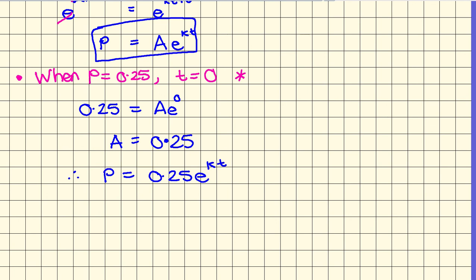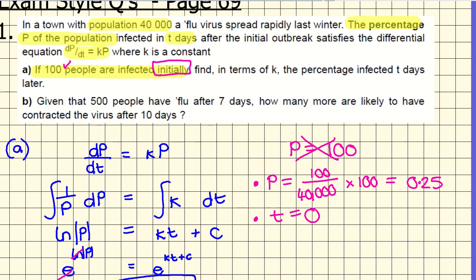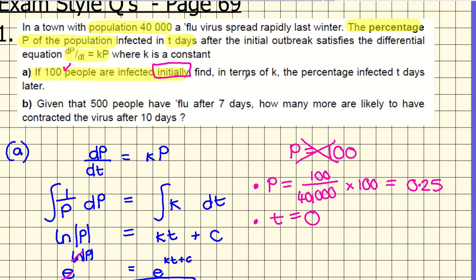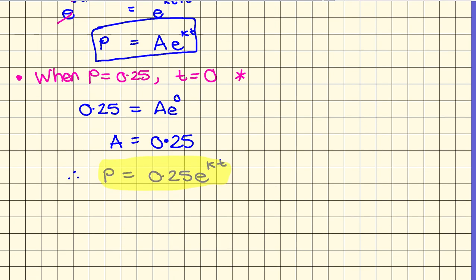So I'm just going to get my highlighter and highlight that because that's important, because we're going to be using that in part B as well, I assume. Alright, so that's part A finished. So part A was just asking for, find, in terms of k, the percentage infected t days later. So I've got that.